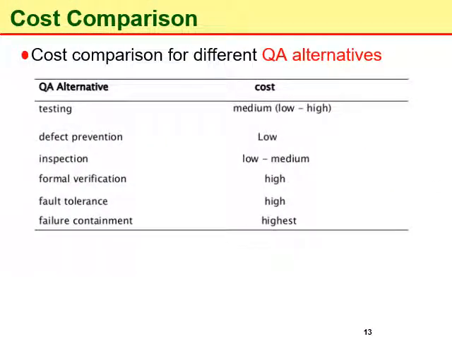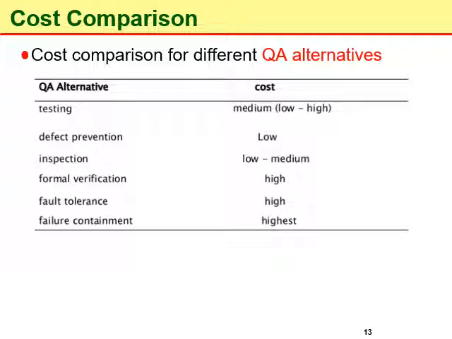So here is a cost comparison for different quality assurance alternatives. We see that the cost for defect prevention is low, whereas testing has medium costs.